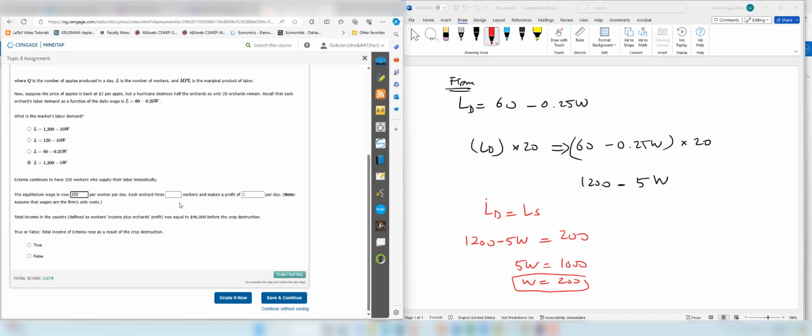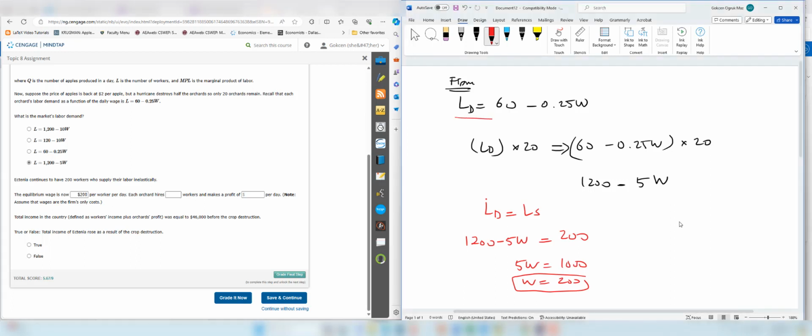In order to find the number of workers each firm hires, we are going to use the firm's function, not the market's. LD is equal to 60 minus 0.25 times 200, which is 60 minus 50, which is 10.